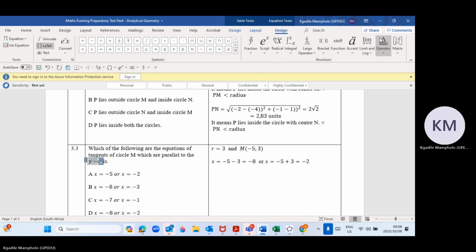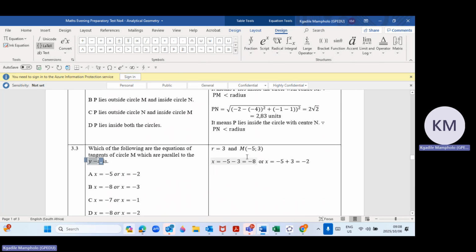Now, we know that the circle with center M has radius 3, and the center is (-5, 5). So the tangents will be vertical.